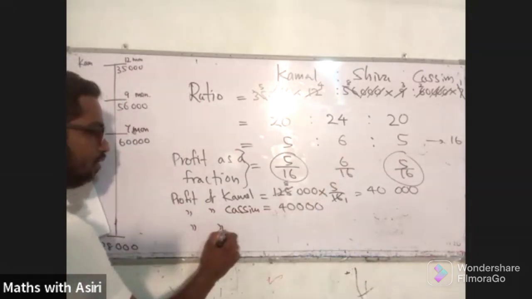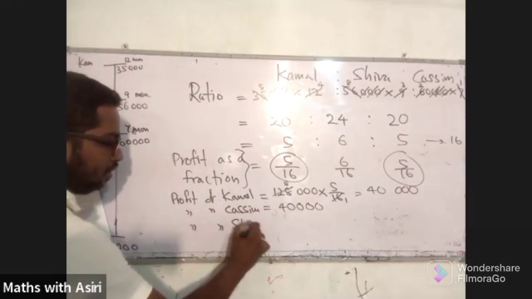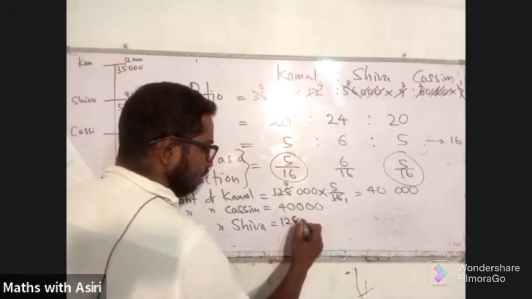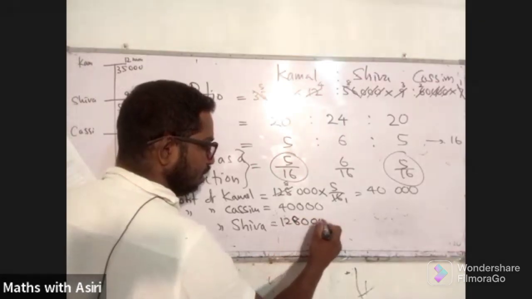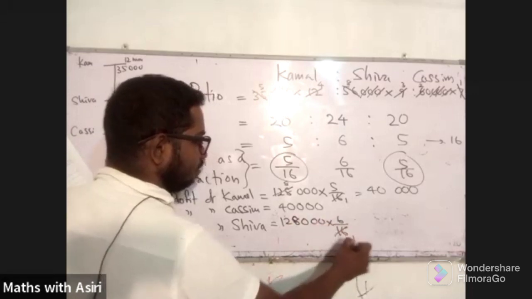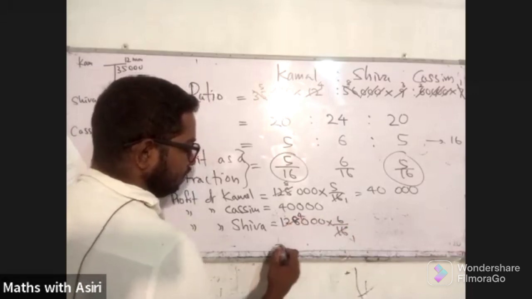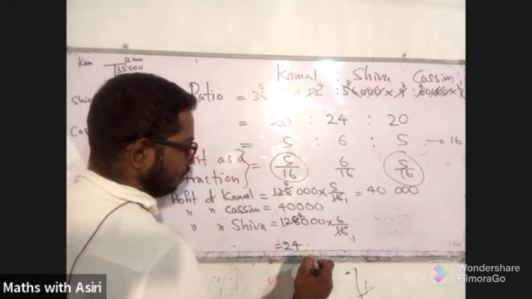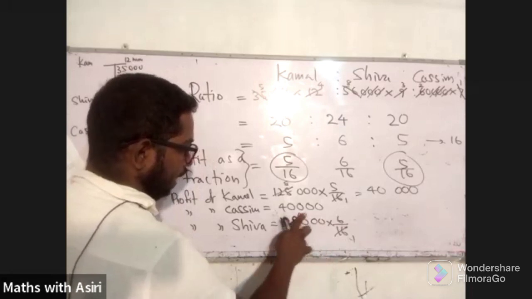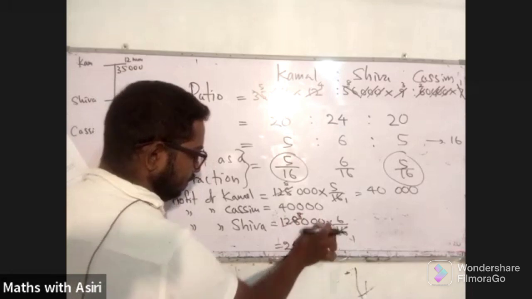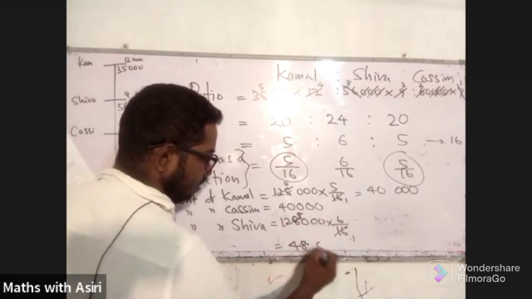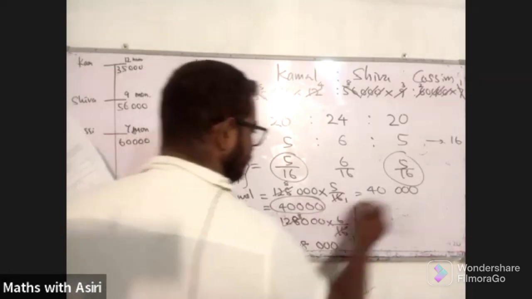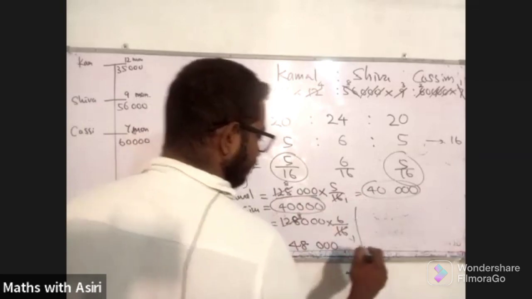Profit of Shiva. You can find that by the same method: 128,000 multiplied by 6 over 16. 8 times 6 is 48, so 48,000. Otherwise you can subtract 40,000 and 40,000 from the total profit.